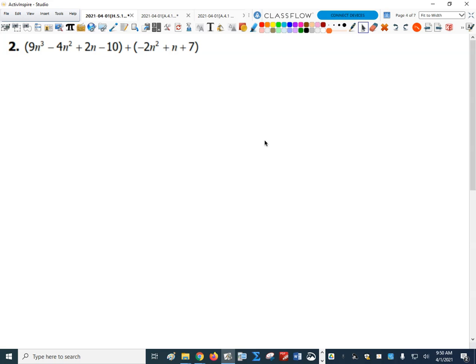Easy to do. Now, when you're adding up polynomials, especially a whole bunch of polynomials, I'm going to show you a little trick for this. If you're just adding up 2 simple polynomials like that, then no big deal.